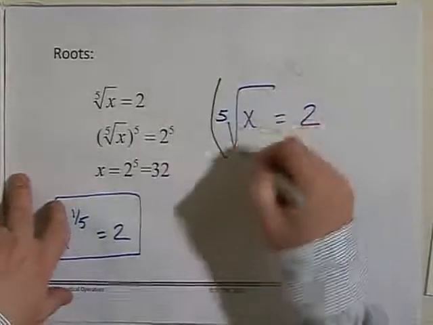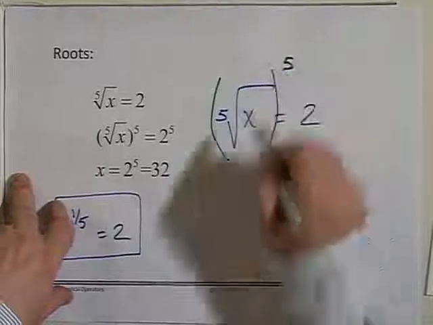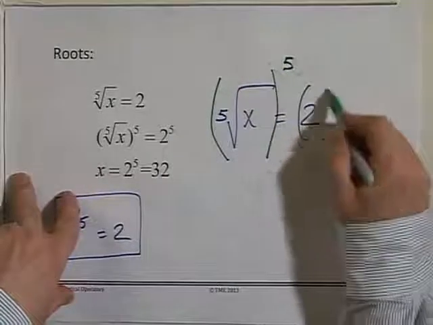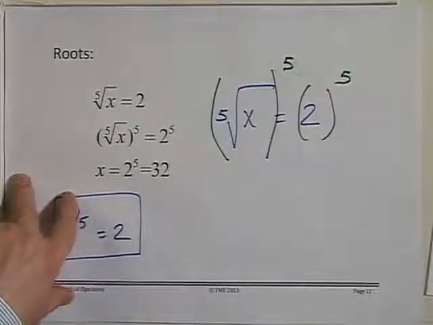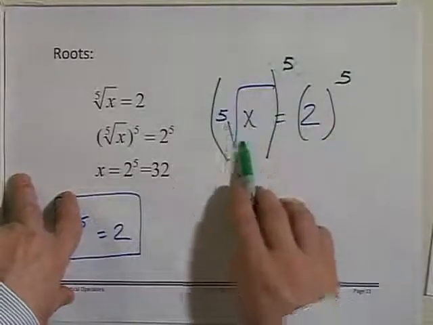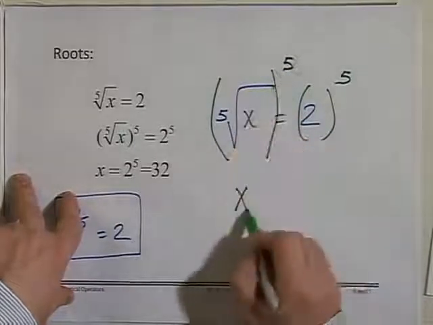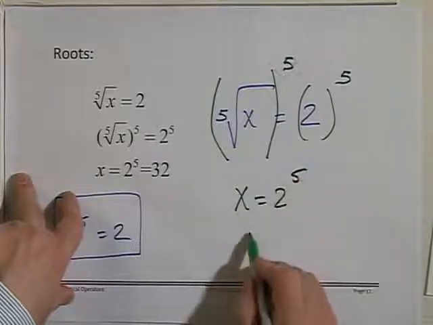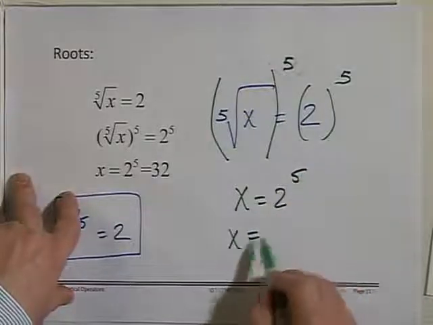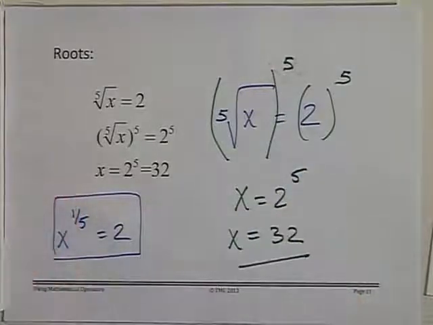Well, why don't you just take the 5th power of it here, and do the 5th power here? Because the 5th power will get rid of the 5th root. x is equal to 2 to the power of 5. And on a calculator, x is 32. Is that okay?